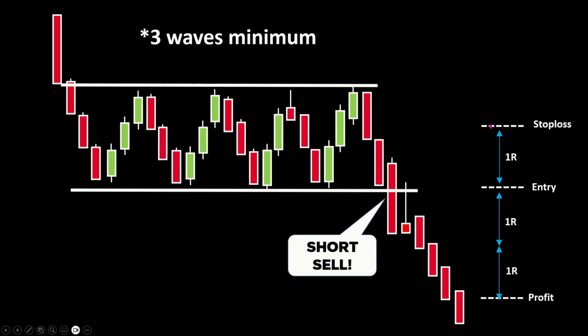Again, the same method used: entry, stop loss 1R, and profit 2R. So this is 2R. Pretty clear. It's not so much rocket science here.